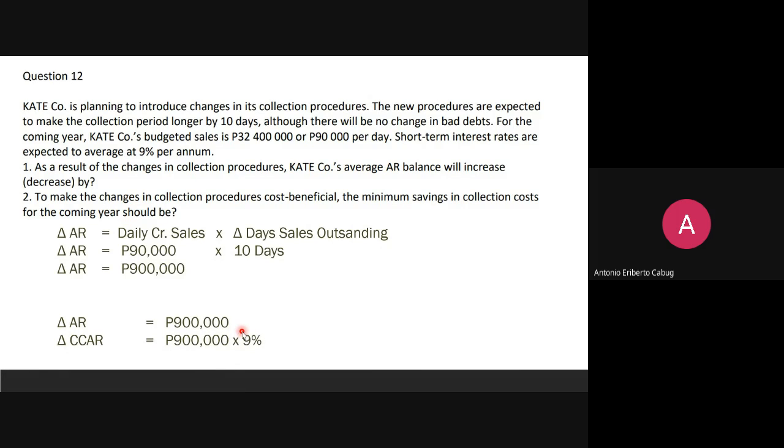The change in the carrying cost of AR would be 81,000 pesos. Your AR carrying cost will increase by 81,000 pesos dahil walang binigay na variable cost ratio. Wala kang mapag-multiplyan ng investment in AR.